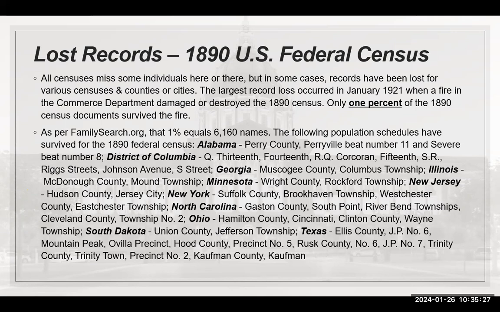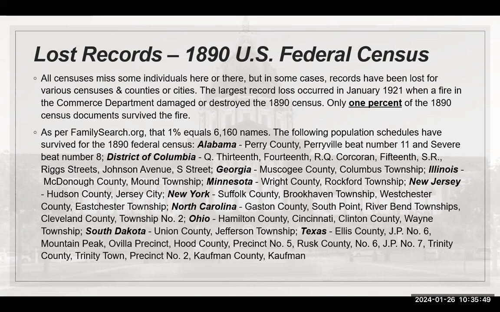The following population schedules have survived for the 1890 federal census: Alabama, the District of Columbia, Georgia, Illinois, Minnesota, New Jersey, New York, North Carolina, Ohio, South Dakota, and Texas.